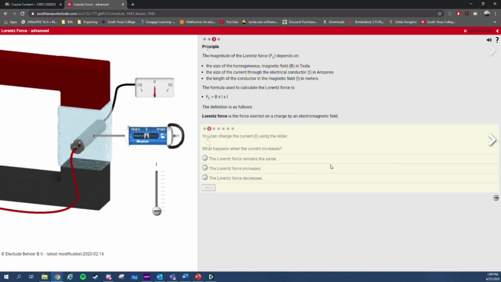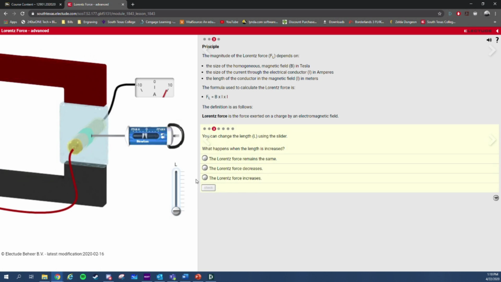Correct. All right. So you can change the amount of current using the slider. So now we're changing current. What happens when the current increases? So Lorentz is increasing as well, right? Yes. Okay, so both are increasing.